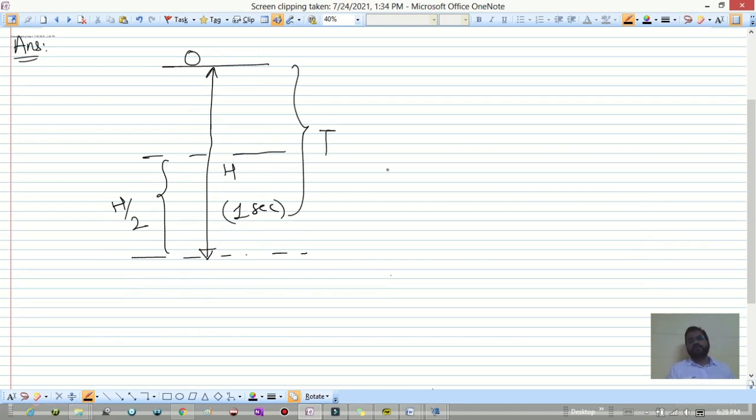Okay, so now to find the total time of fall, we have h equal to ut plus half at squared, but half a over here is g, so h is half g t squared, right? And in the last second, h by 2 is equal to, we have u is 0, so 1 by 2 g into 2t minus 1 in the last second, right?